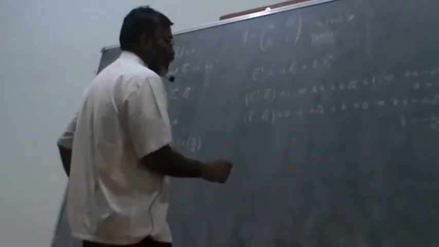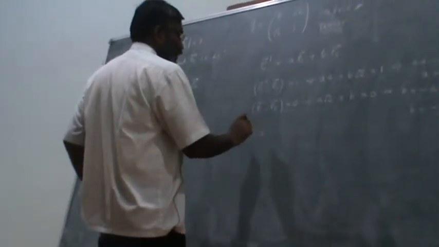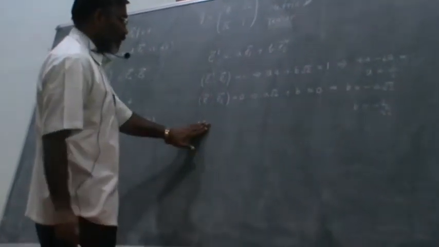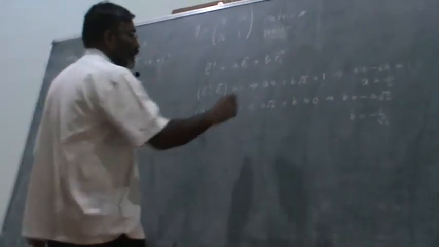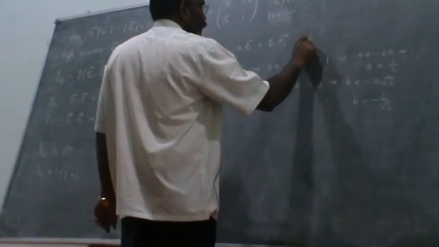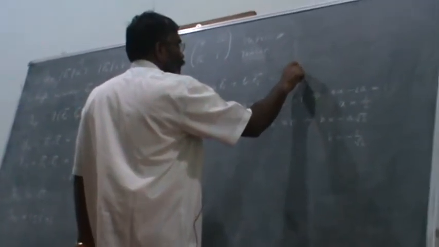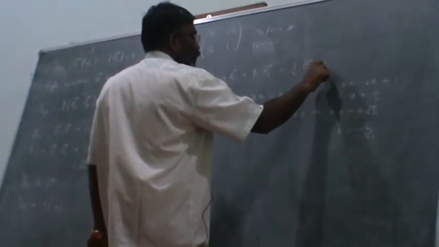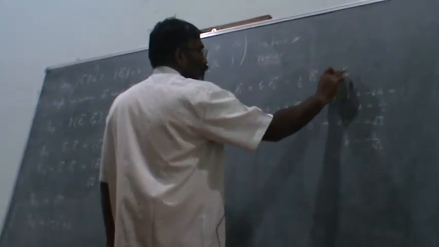So if I write that way, I can write this as 1 by 2 E1 minus 1 by root 2 E2.